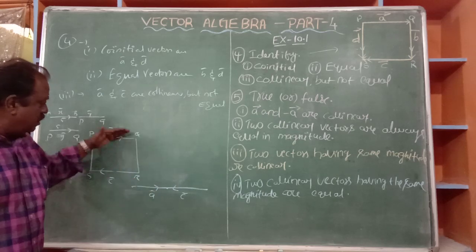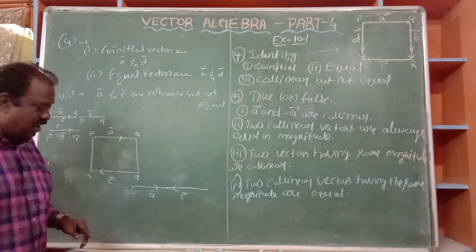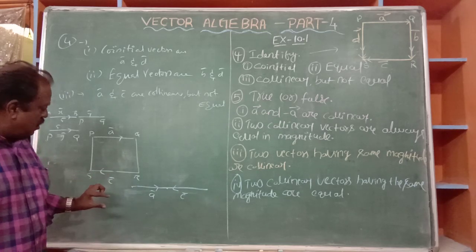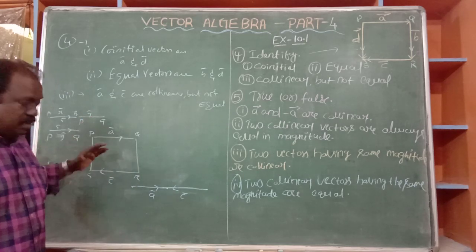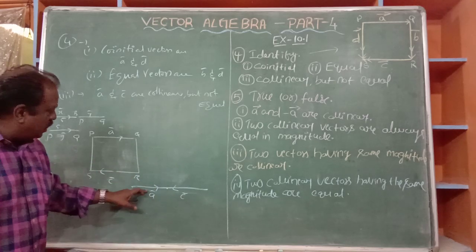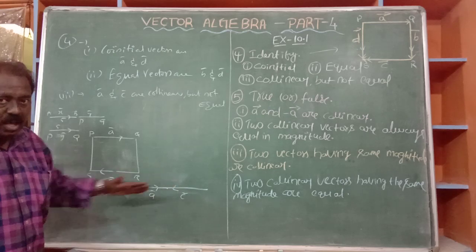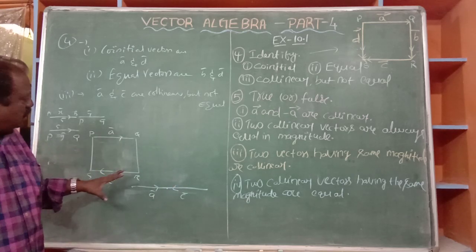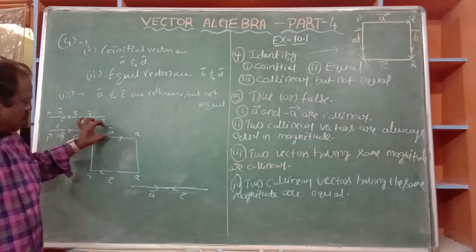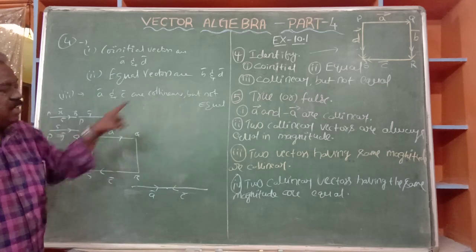They are parallel, equal. For C bar also it is equal. Now you see, this A bar and C bar are taken on the same line. So here A bar and C bar are collinear. They are lying on the same line. So here we can say A bar and C bar are collinear but not equal.